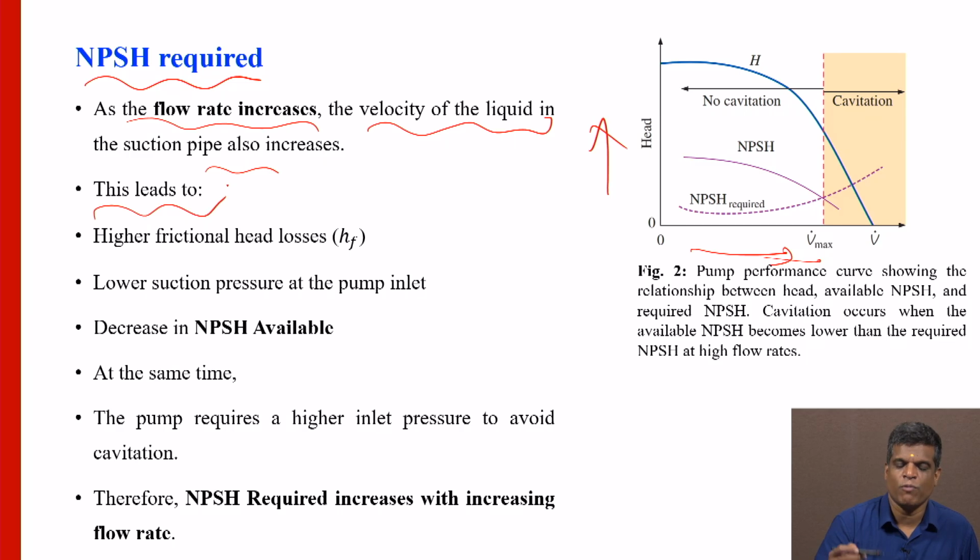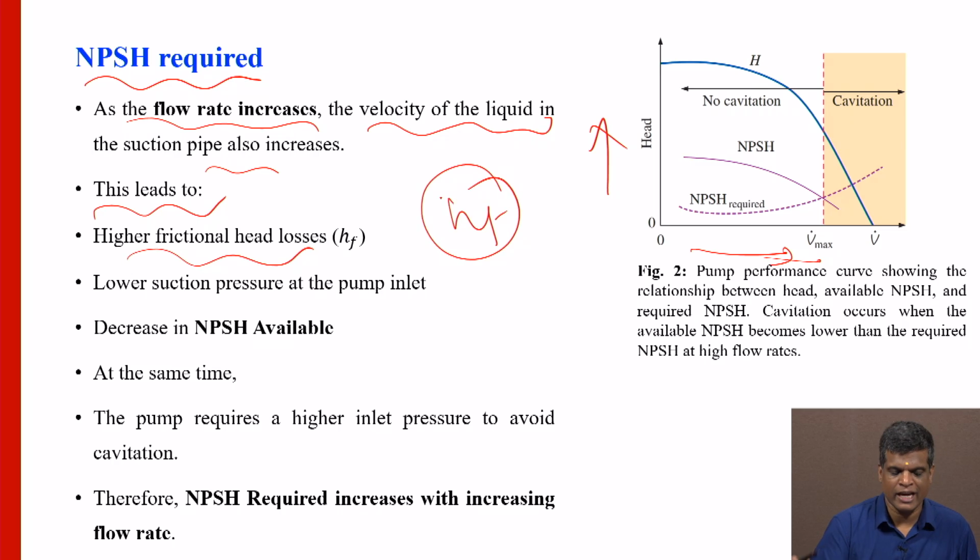And this leads to what problems here? Higher frictional head loss, that's HF, and the loss is very high, so lower suction pressure at the pump inlet. It decreases the NPSH available. Automatically, the net positive suction head available decreases.